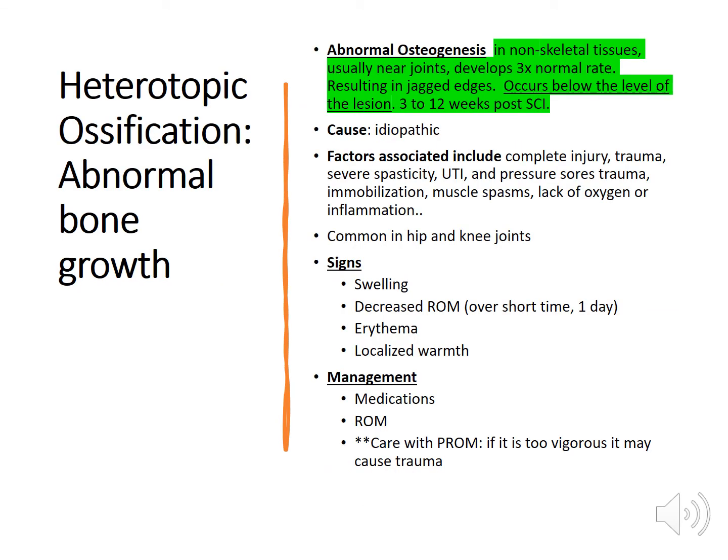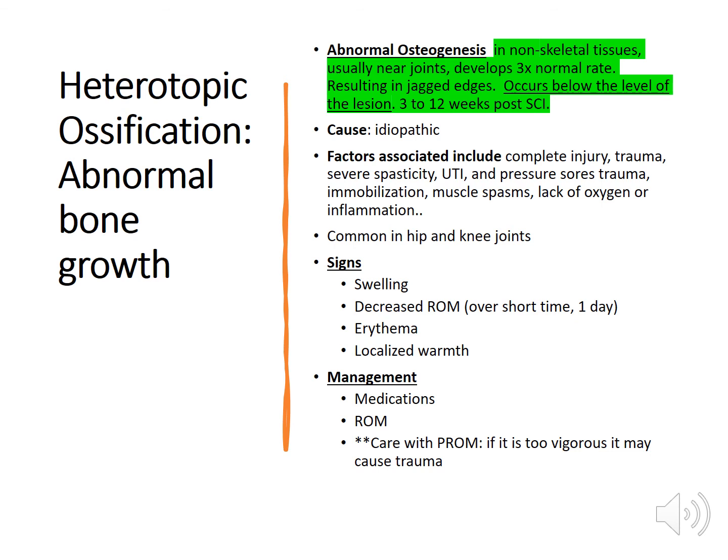So the next thing here we're going to talk about is heterotopic ossification, and it is an abnormal osteogenesis or bone growth in non-skeletal tissues, typically near the joints, which develops at 3 times the normal rate. This will result in jagged edges, and it occurs at the level of the lesion, typically around 3 to 12 weeks post spinal cord injury.